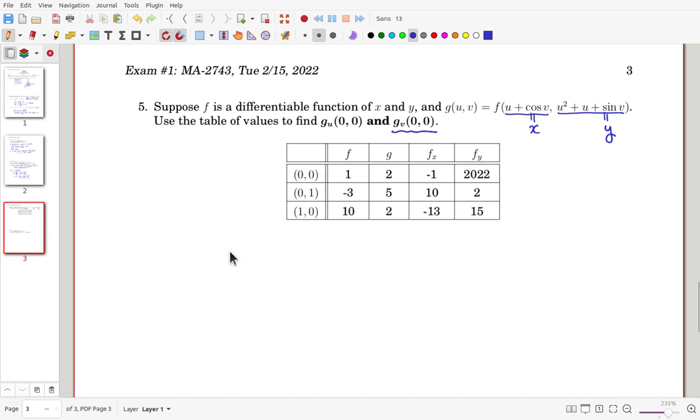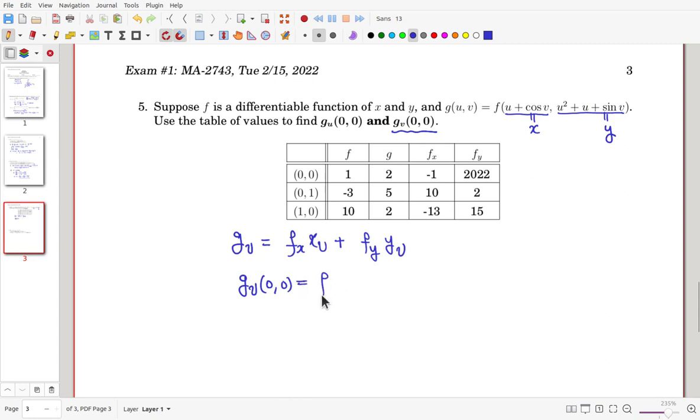Now, if we want to get g sub v, then by using the chain rule, we have f sub x times the x v derivative plus f sub y times the y v derivative. That is the formula. If you want to get the numeric value at (0, 0), that means u and v are 0.